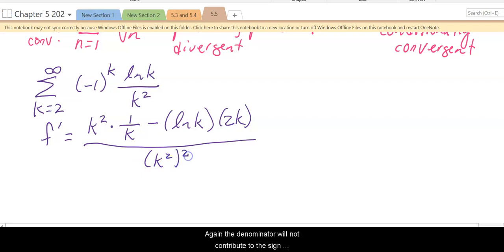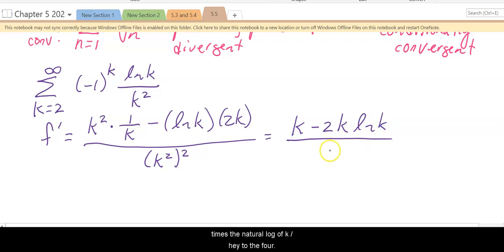Again, the denominator will not contribute to the sign because it's squared. Simplifying the numerator, I could write this as k minus 2k times the natural log of k divided by k to the fourth.